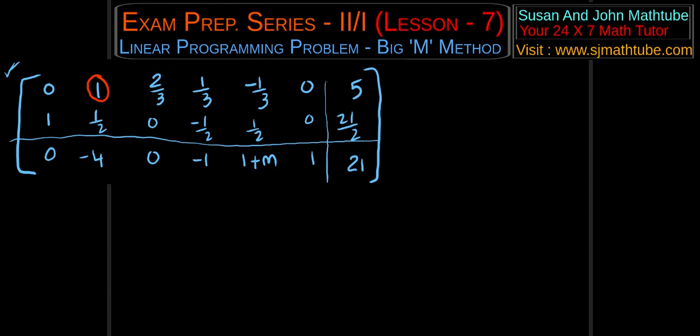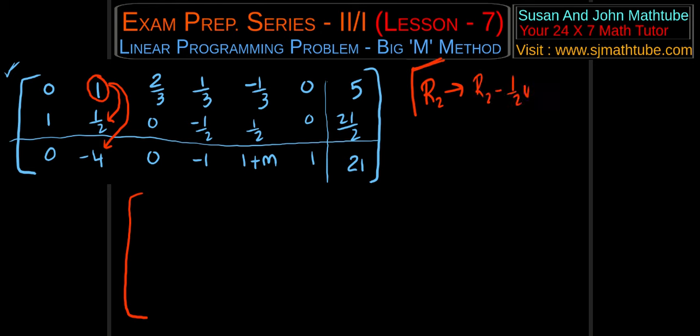So we have this simplex table. Now what to do? You have to make all the elements below and above the pivot 0. There is nothing above. So all the elements below this to 0. So let's write the operation. The target is in R2. R2 changes to R2 minus 1 by 2 R1, and R3 changes to R3 plus 4 R1.